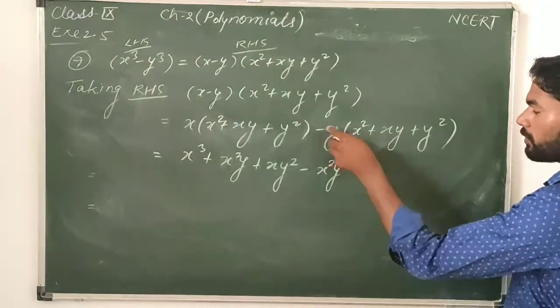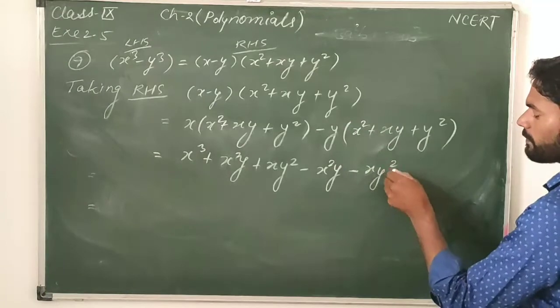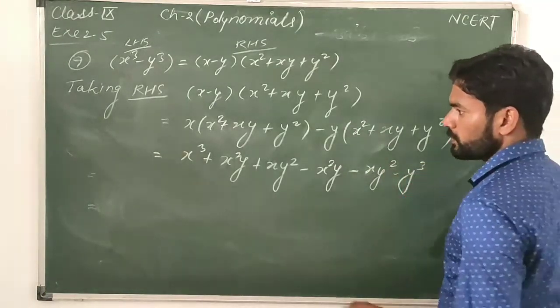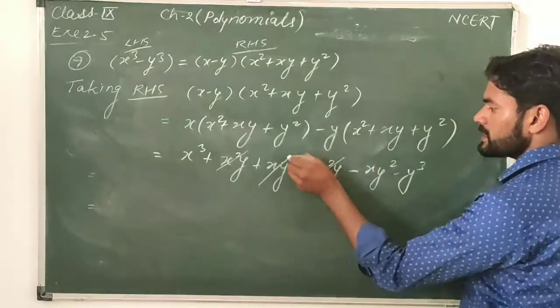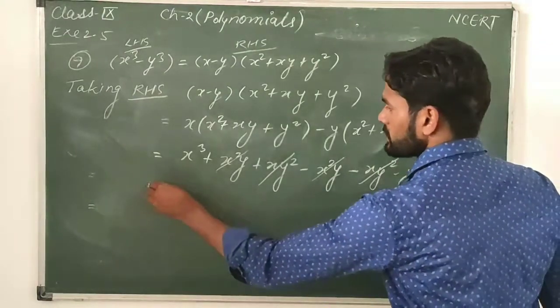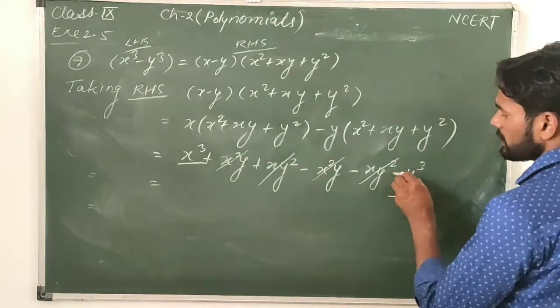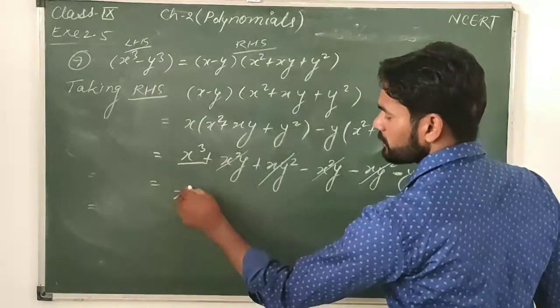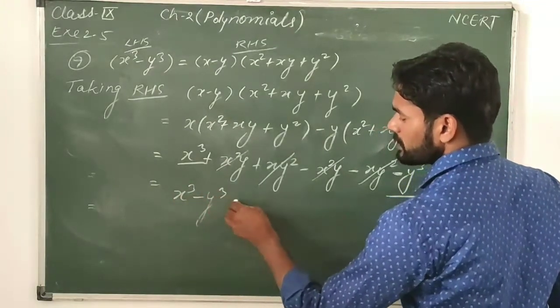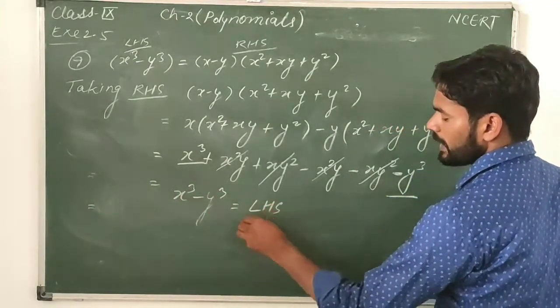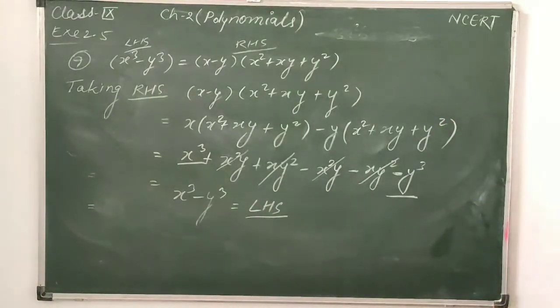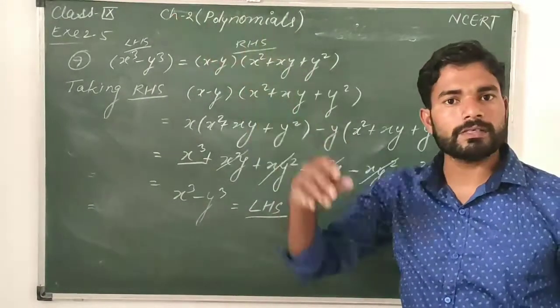minus, now all the symbols will change, x y square minus y cube. x square y plus and minus cancel, and this plus and minus cancel. Remaining are x cube minus, here the minus symbol is there, x cube minus y cube, which is equal to LHS. So it is verified that the given statement is true.